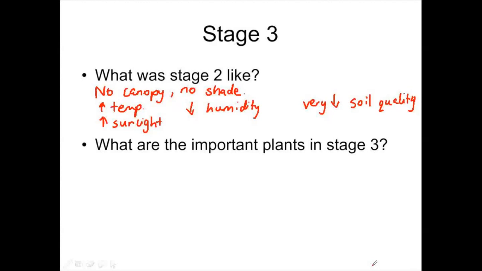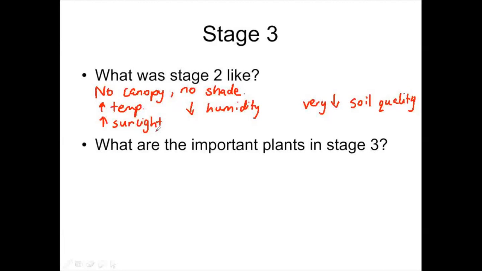When the grass and other plants in stage 2 die, they add to the humus. Because the biomass of this vegetation is very low, we're going to get less humus. If I have less humus, the soil quality will not increase at a very high rate. So the soil quality is still very, very low in stage 2.